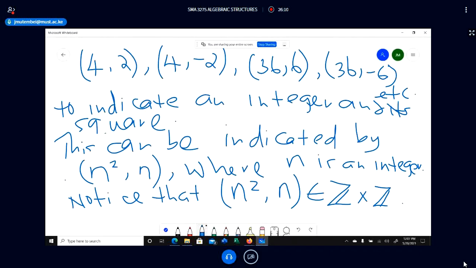So we find that relations are represented in form of ordered pairs. But now, the rule that governs that relation must be stated or must be known. The rule is normally known, and then you can generate ordered pairs that satisfy that rule.